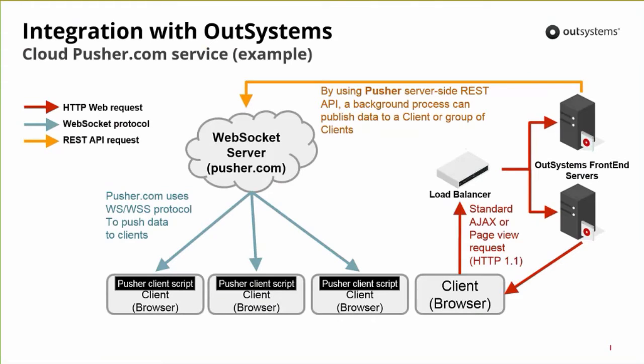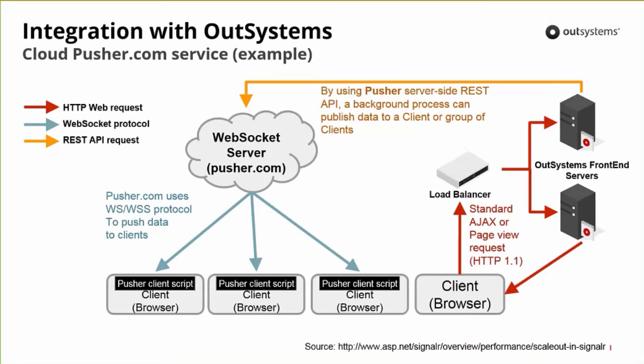This example depicts a possible integration with a well-known WebSocket cloud service like Pusher.com. In this example, a background process, which can be a timer or can be triggered by a BPT event or an entity CRUD operation, is running inside the OutSystems front-end application.